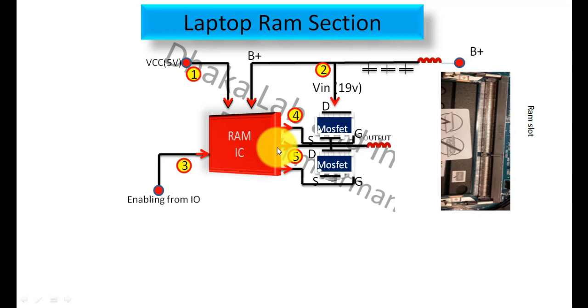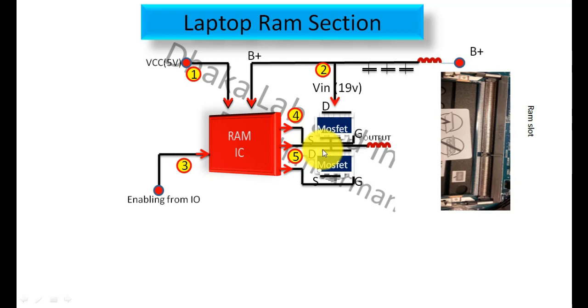And then there will also be a phase signal, and after the B plus volt comes, there will be high low in these MOSFETs, and by being high low there will be RAM voltage. Okay, the expected RAM voltage which is required for the motherboard.